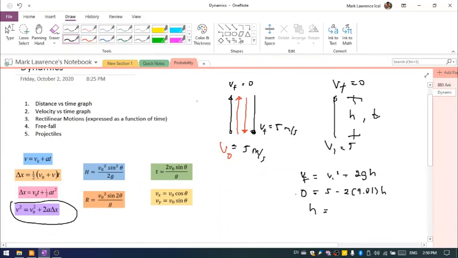So h is, moving it to the other side, positive. So 5 squared divided by 2 times 9.81.